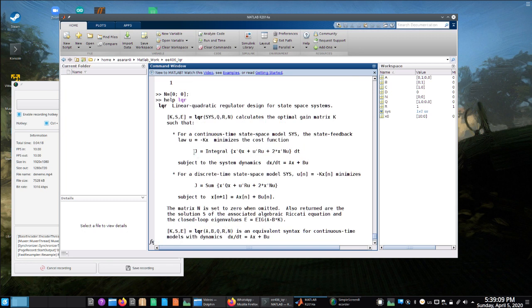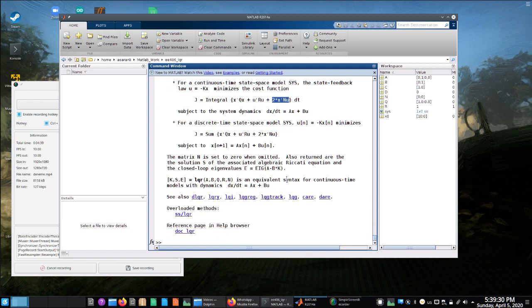Okay, so you see that J is equal to integral x prime Qx plus u prime Ru and 2 times x prime N u. So this is this term that we are taking as 0. So for the time being, we don't care about this term. Okay, so we have Q, R, and N, the design parameters of the LQR.